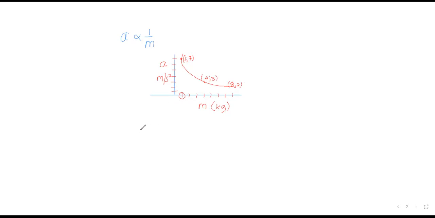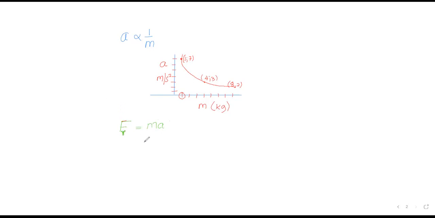Now, we have case 1 and case 2, which results into the force is equal to MA, but this is supposed to be the net force, the resultant force.